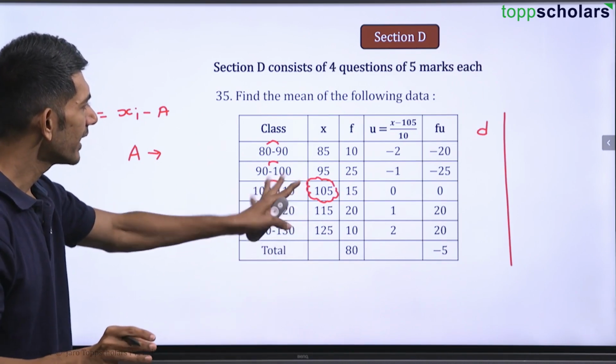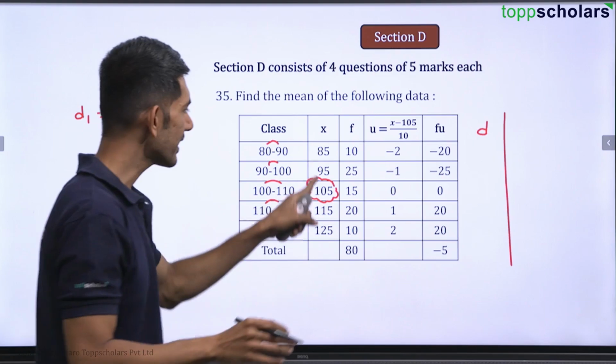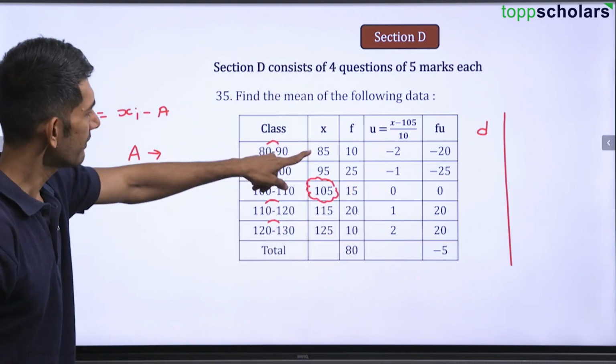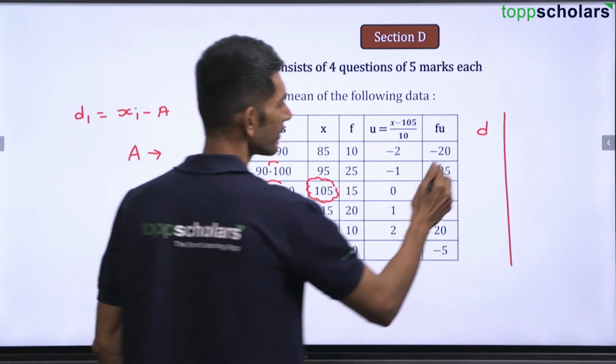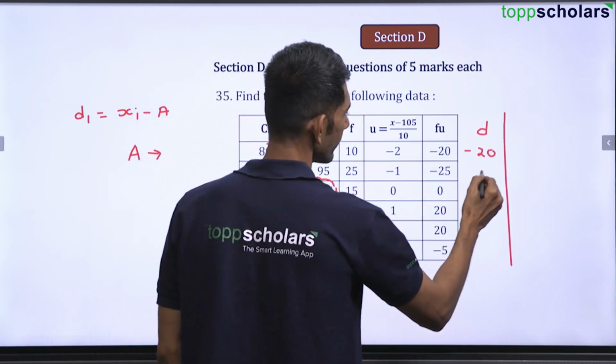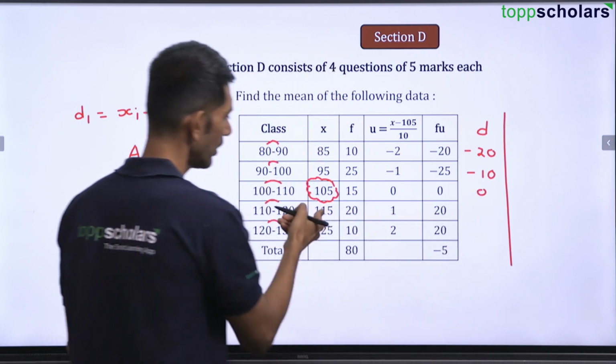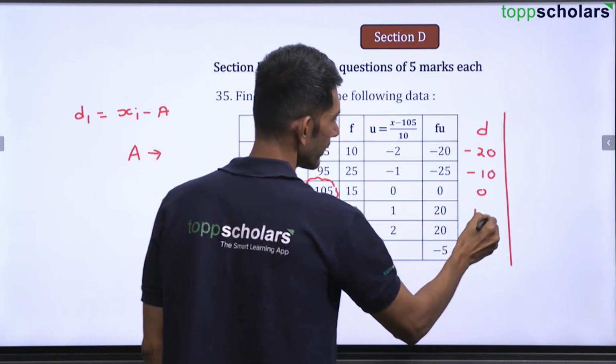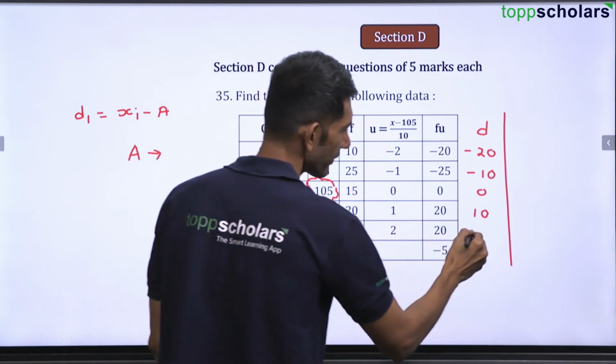D is xi minus a. So 85 minus 105 is minus 20. 95 minus 105 is minus 10. This is 0. 115 minus 105 is 10. 125 minus 105 is 20.